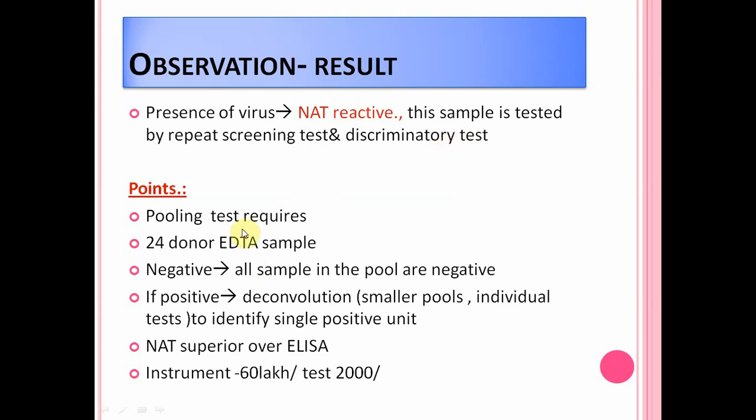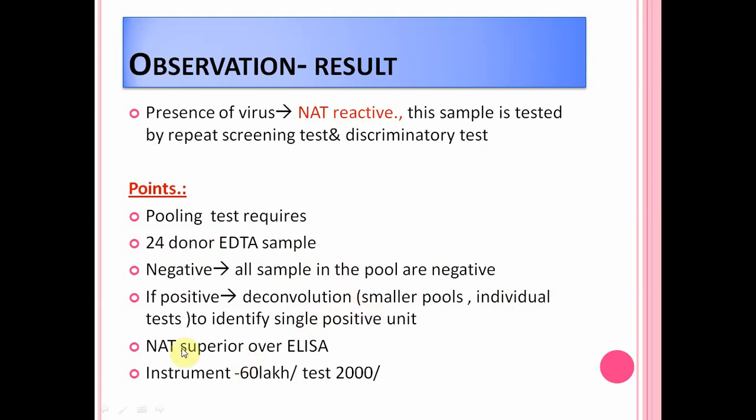A few points: if the pooling tests are done, it is done on 24 donor EDTA samples. If negative, it means all the 24 samples present in the pool are negative. But if it is positive, what do we have to do? We have to make smaller pools, and then do the individual test to identify which single donor unit is positive.